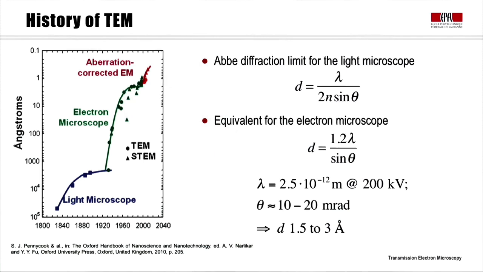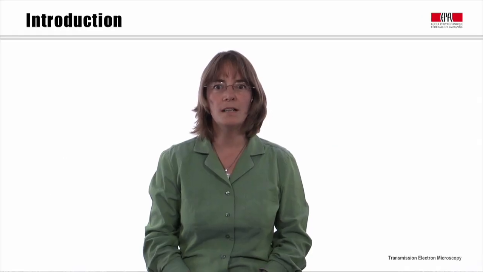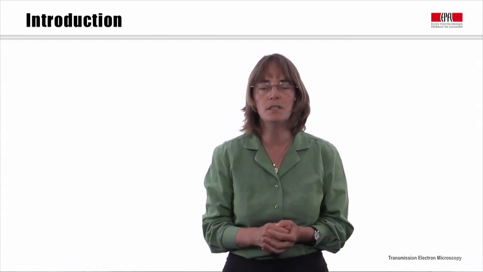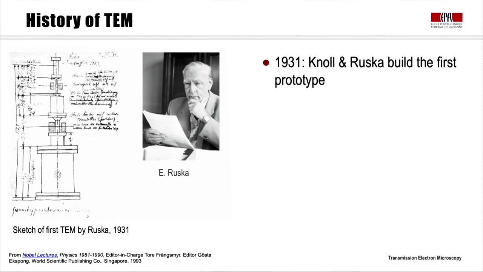Why is it so? Can't we improve things by having a very large theta? Well, actually not, because we have problems with aberrations. So the resolution of these microscopes is limited by the aberrations and not, as for light microscopes, by the wavelength. Later on, aberration-corrected microscopes were developed, and with an aberration-corrected transmission electron microscope, you can reach even better resolutions.